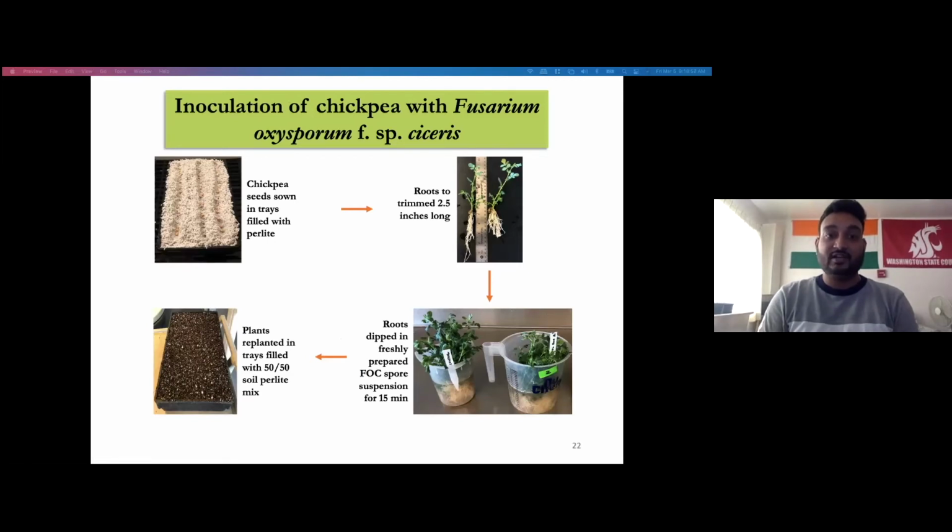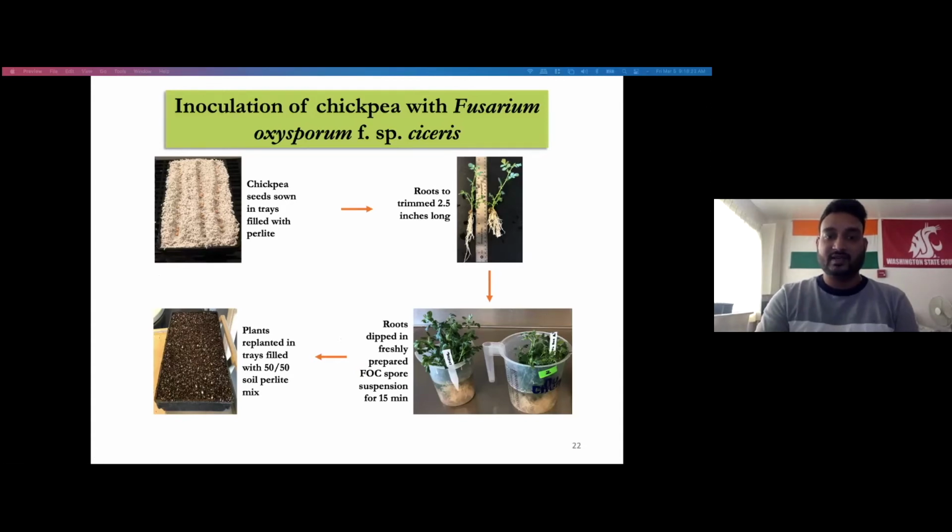Next, we inoculated with Fusarium, and the inoculation technique for Fusarium is a little bit harder compared to Ascochyta. First, we grow chickpea seeds in trays filled with perlite. After 3 weeks, we take out those plants, wash them, and then the roots are trimmed to 2.5 inches long. Later, we dip these plants in freshly prepared Fusarium spore suspension for 15 minutes.